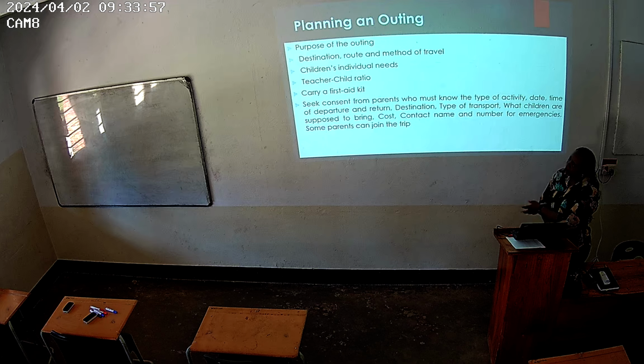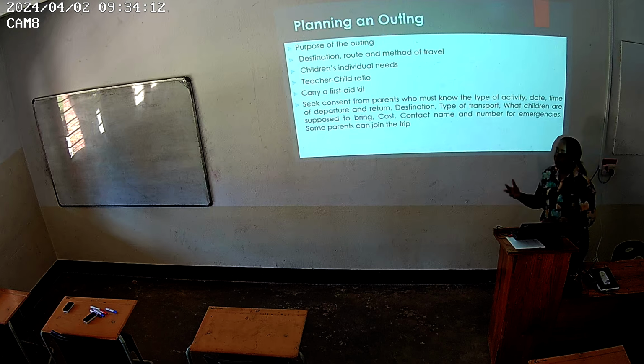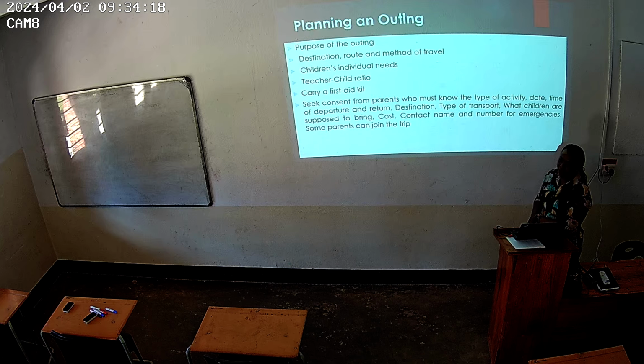But these are just some of the things. Purpose of the outing: when you're planning, make sure that you put up the purpose. You don't just wake up and say, tomorrow we're going on a visit. No, you have to indicate what the purpose is, because even the parents, if you want them to pay, have to know why they are paying for the outing. So you indicate the purpose of the outing, destination, route, and method of travel.